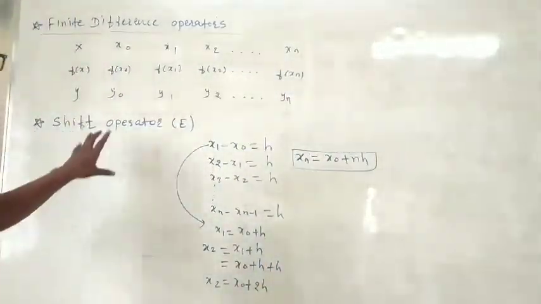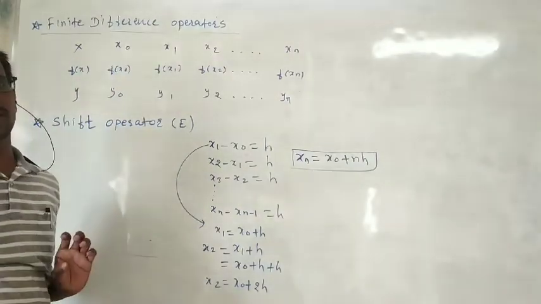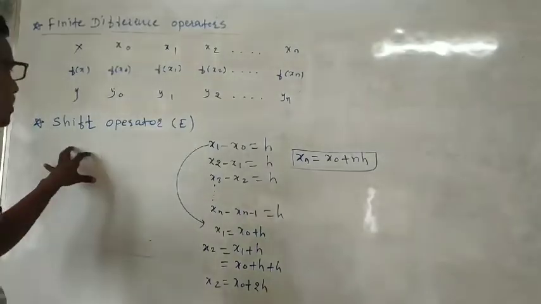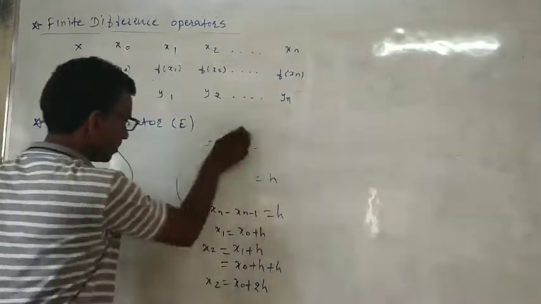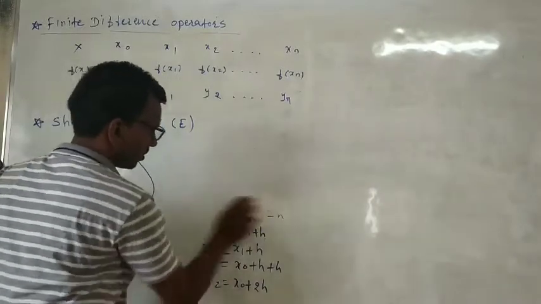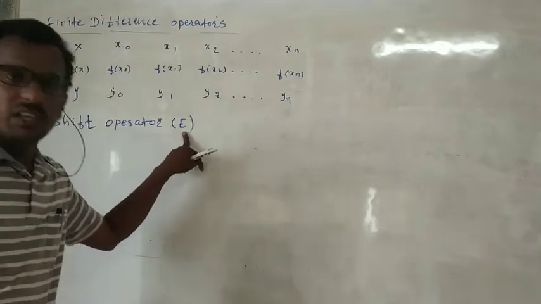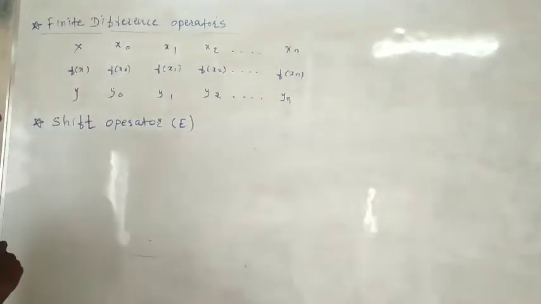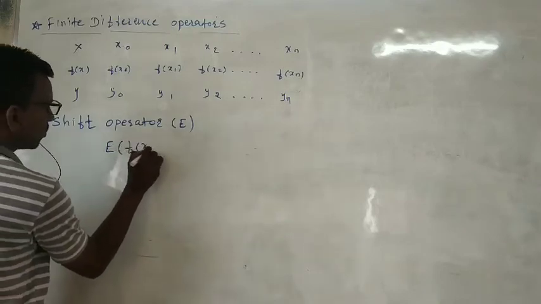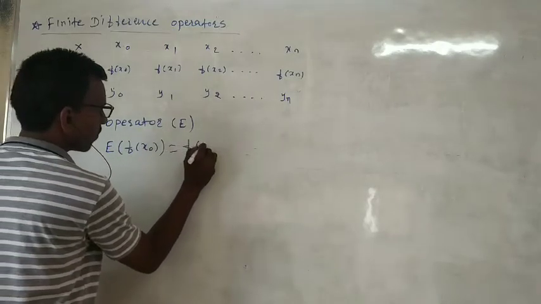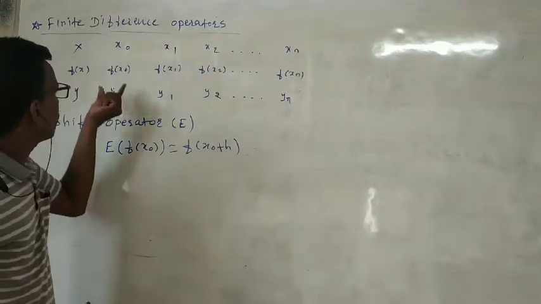Now, on this we will define some difference operators. First one is the shift operator. It is denoted as E, capital E, and it is defined as E of f of x0 is equal to f of x0 plus h. f of x0 is equal to y0.